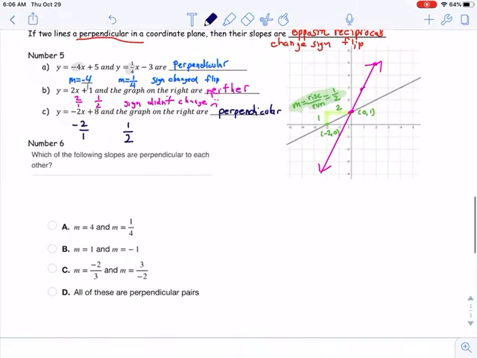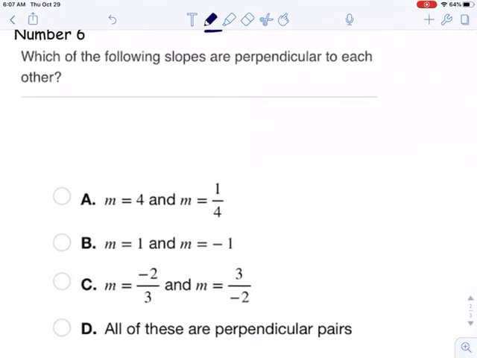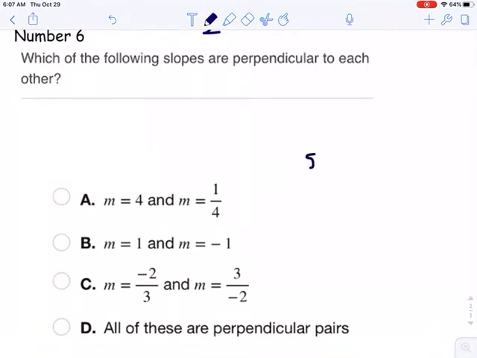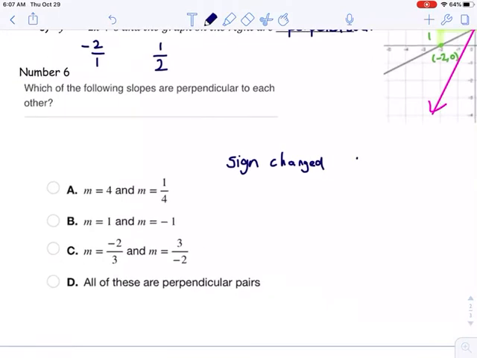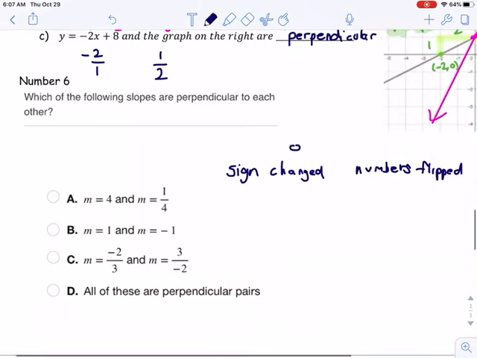Cool. Which of the following slopes are perpendicular to each other? So let's do this. Let's write: sign changed, numbers flipped, and above that, it's supposed to be opposite reciprocal.